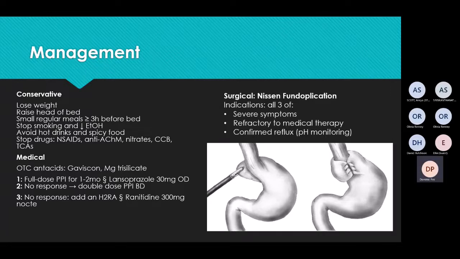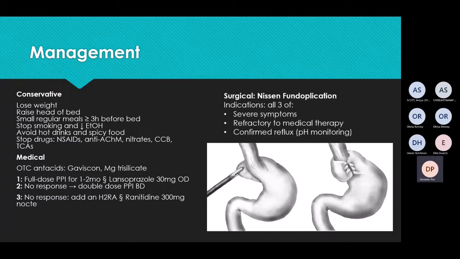I don't expect you to know all of these yet, but it's useful that if someone says that they're taking NSAIDs or they're on nitrates, so a GTN spray, that might increase their risk of developing acid reflux. Now, the management is quite straightforward after this, where you give over-the-counter antacids, such as Gaviscon.